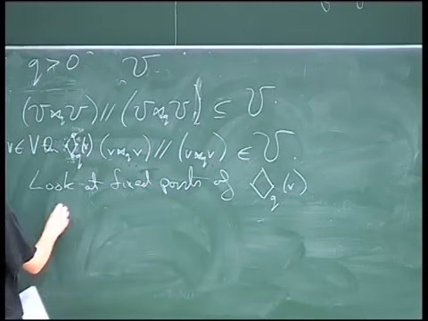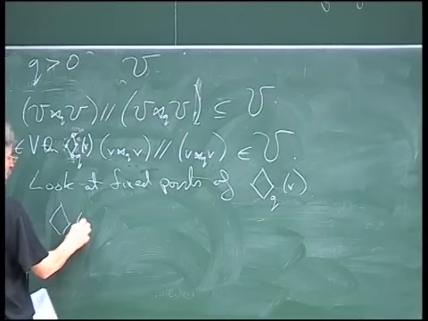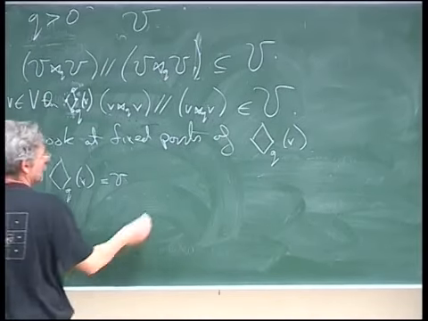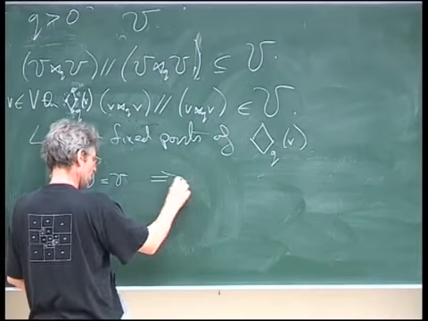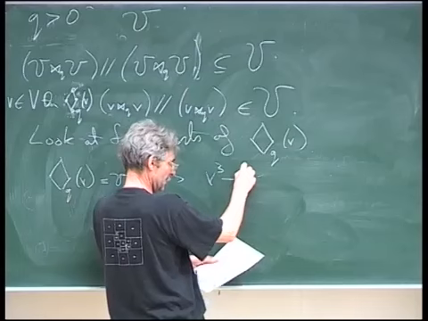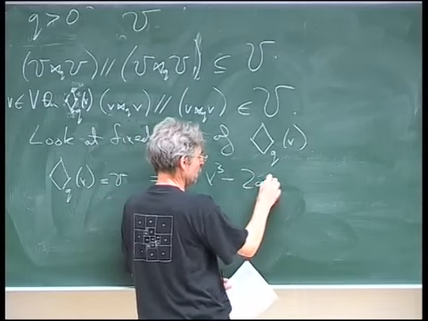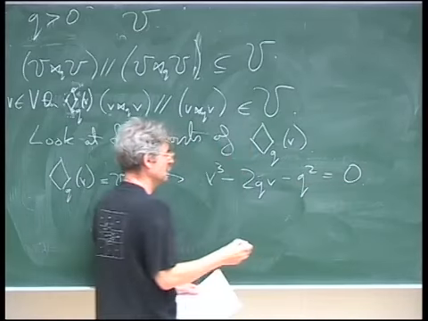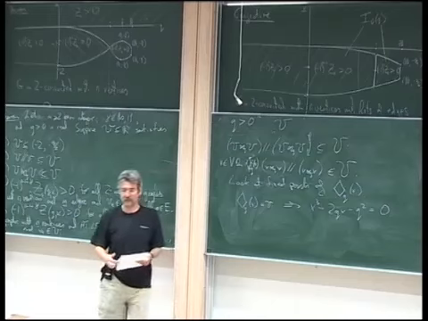So we solve diamond_q(v) equals v, and that implies that v cubed minus 2qv minus q squared is 0. So we get this cubic.